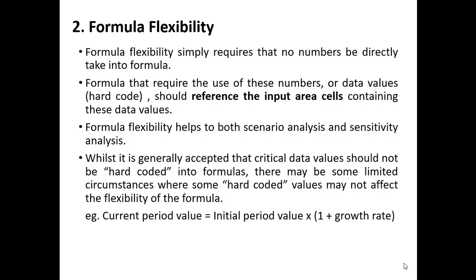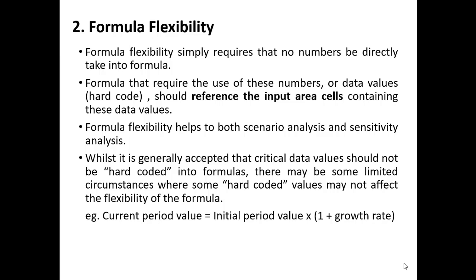In simple words, when you are going to connect the input and output, you are not going to type the numbers in the output area. Instead, what you are supposed to do, you are going to use the cell references. We are learning them later.